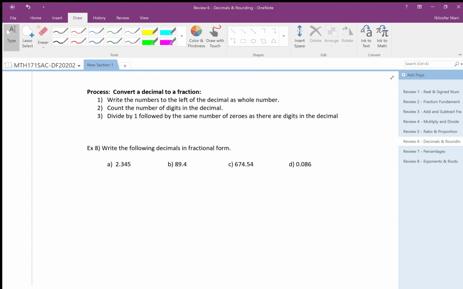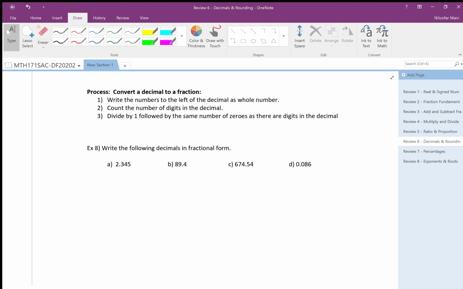So convert decimal to fraction. How do you change a decimal to a fraction? Easy. How many numbers do you see after the decimal? 3. It means it's divided by 1000.